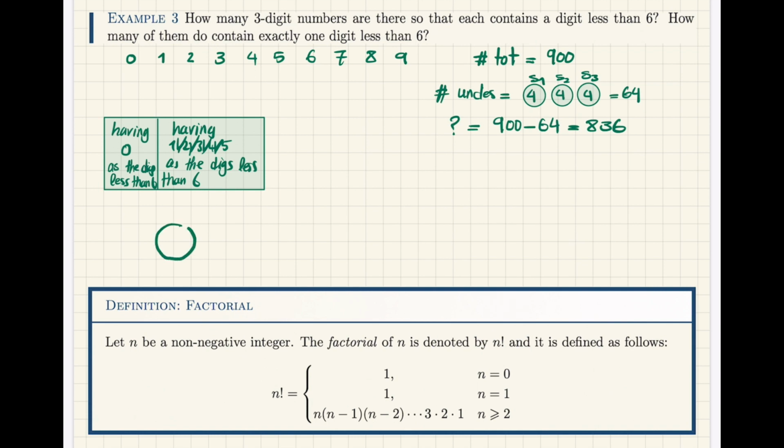I can write it in stages. So how many options are there available for putting 0 in my 3-digit number? I cannot put 0 on the left hand side, but I can put it as the middle one and the right one. So I have a 2, because I can do this task in 2 different ways.